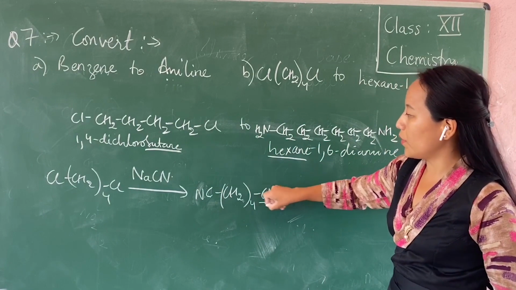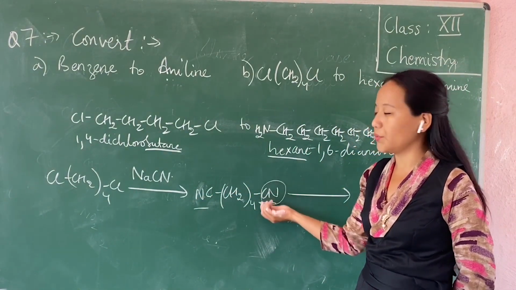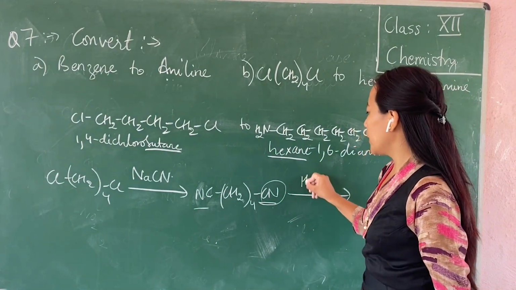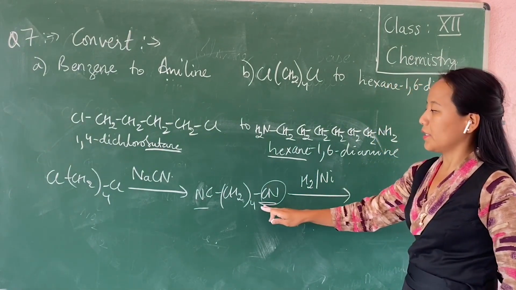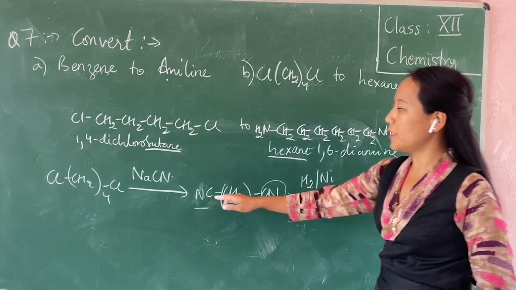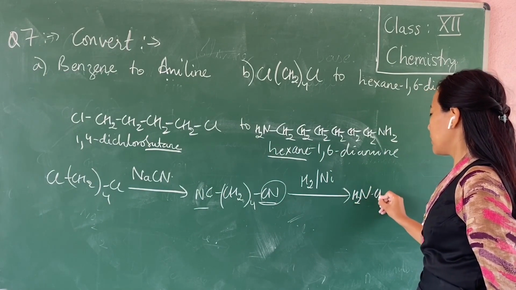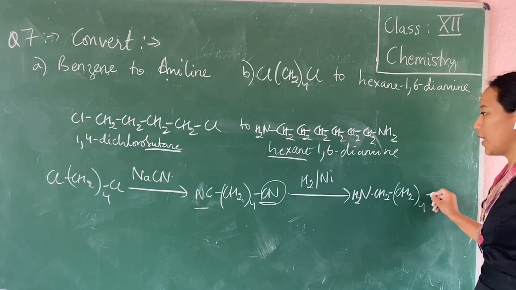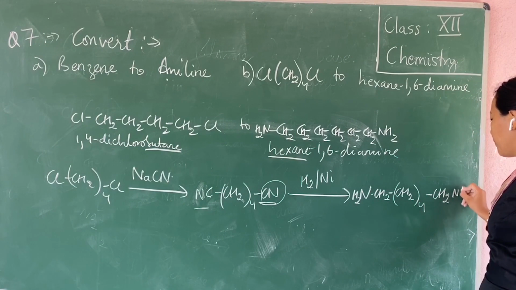Now you have got CN group on both the sides. Now this can be reduced. You can use reduction of nitrile compounds by treating it with hydrogen in the presence of nickel, and you convert CN to CH2 NH2, which we have already done. So this gets converted to NH2 CH2, and then you have your CH2 4 times already, and then this gets converted to CH2 NH2.